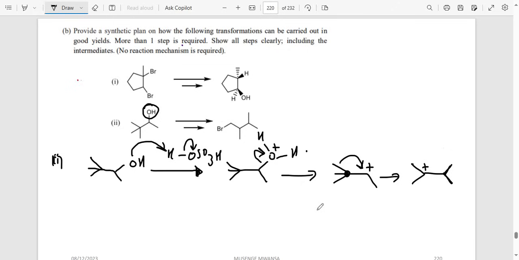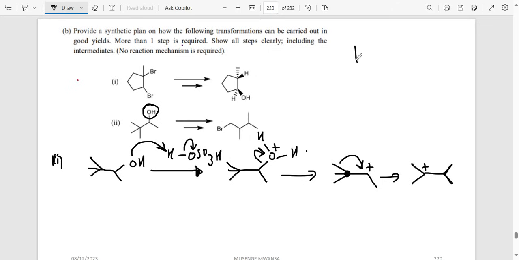Okay. Now, in the next reaction, what should we do then? At this point, what we want to use here is we just want to attach a bromine, right? We want to attach a bromine.